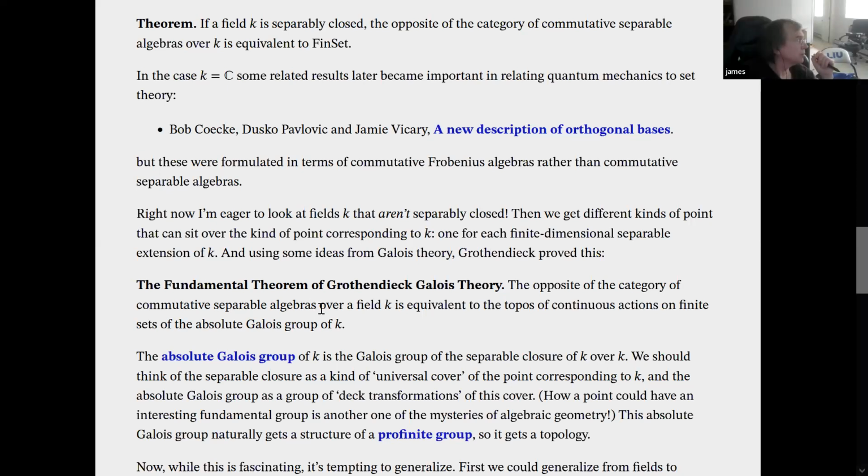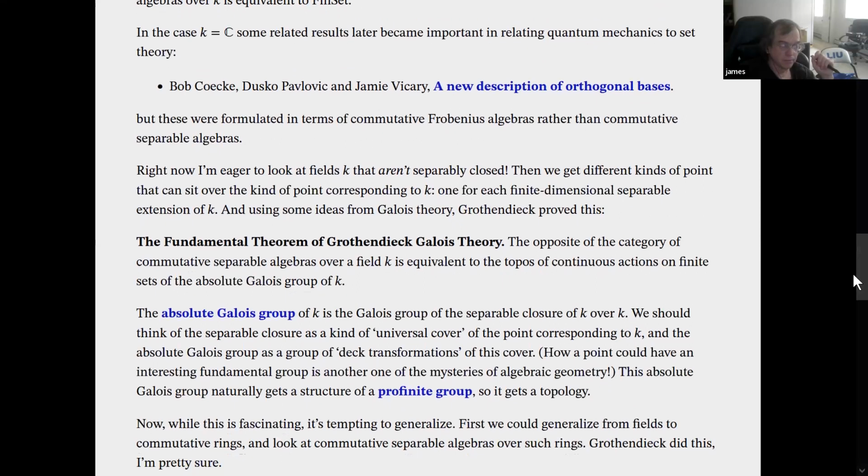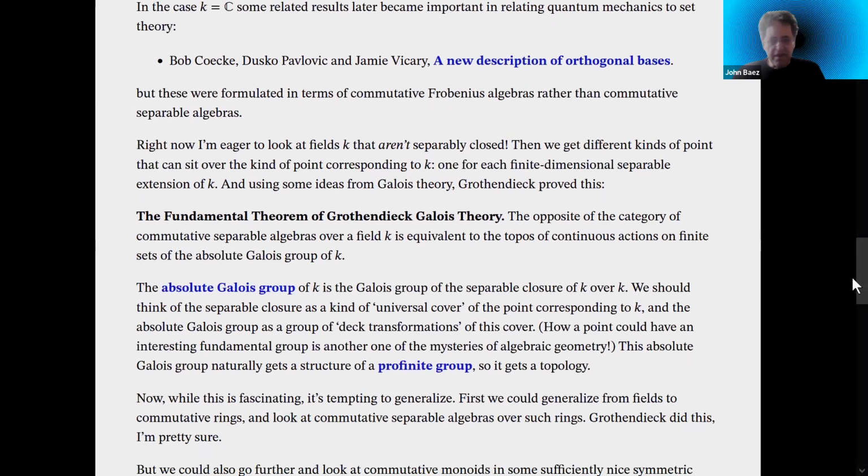So you have extra morphisms between those commutative separable algebras, besides the usual Galois theory, which is purely symmetries of one particular field extension. So that's fun.